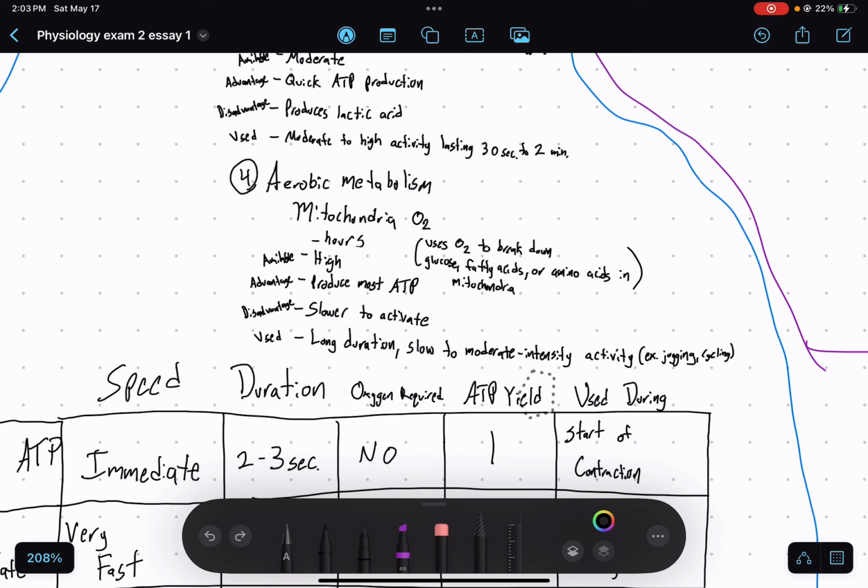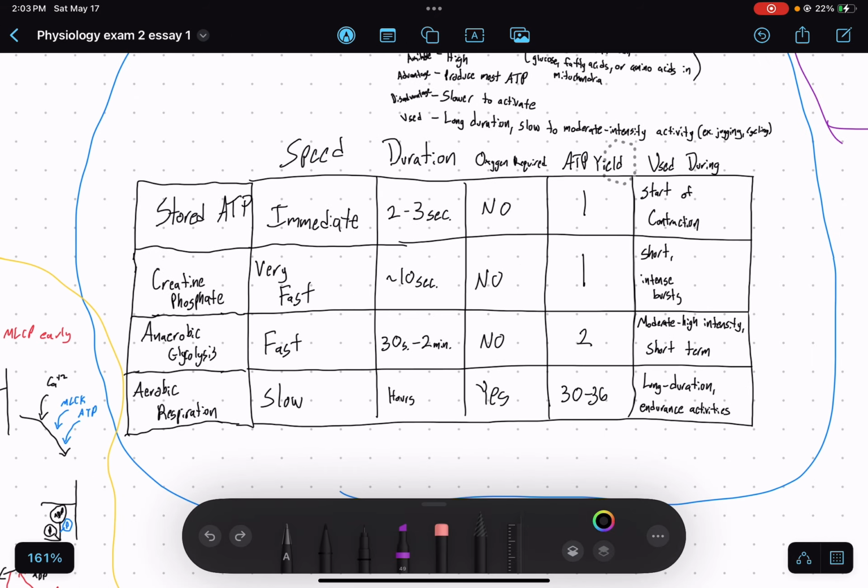So that way you can access it and keep using it over and over and over. The issue with this, though, is that it's slower to activate. So as great as it is, it's just not the best as a quick source.